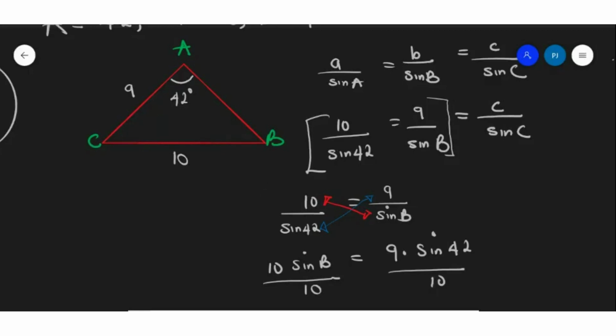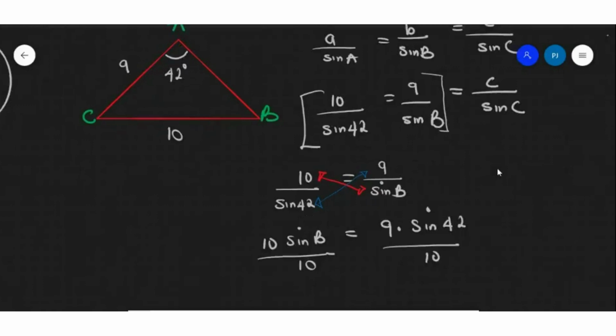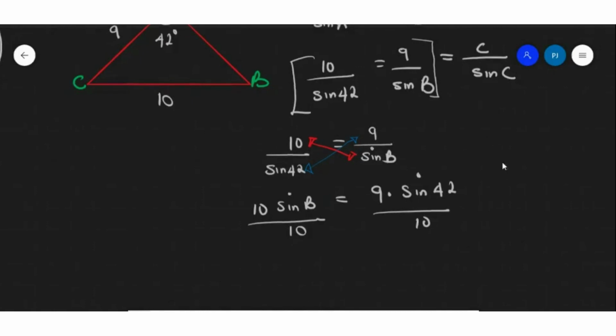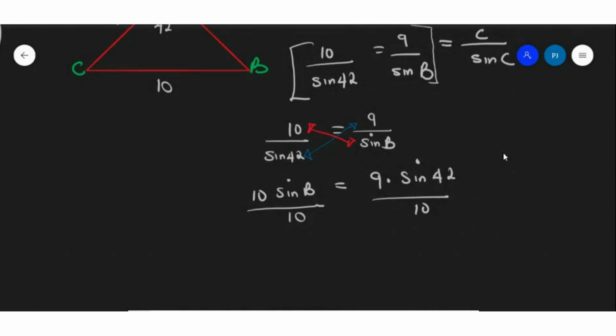This is where it gets a little bit tricky, but you have the calculator, you have your inverse function. I'm going to show you what the inverse function of sine looks like. Basically it's more or less using your calculator. You're not expected to use your brain for now, unless you've mastered the basic laws and the basic angles of sine. So let's cancel out. We have sine b equals, let's find the value of this already.